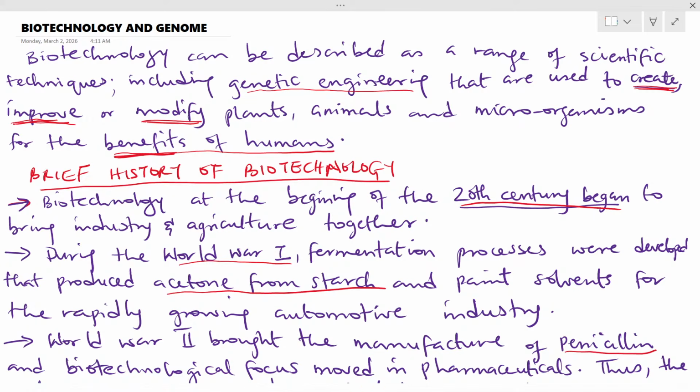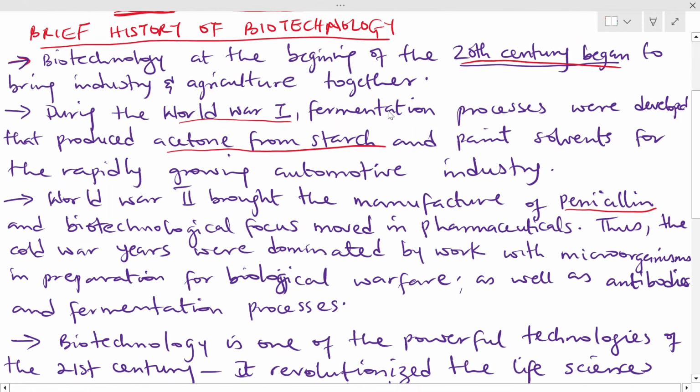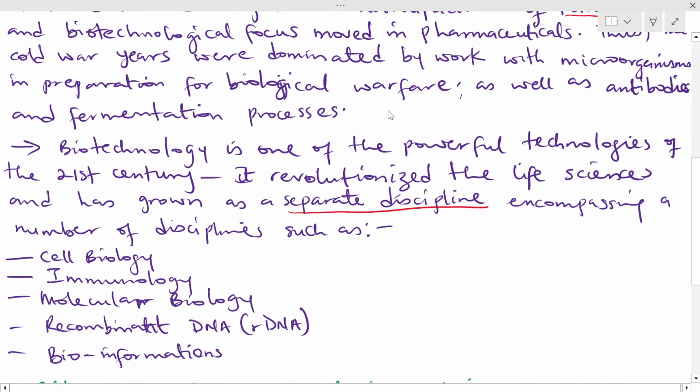The major focus in doing all of this is for the benefit of man. If you are able to do this, you have been able to perfectly describe what biotechnology is. Then we went on to talk about the brief history, and we highlighted in bullet point format how it occurred right from the 20th century into the 21st century.